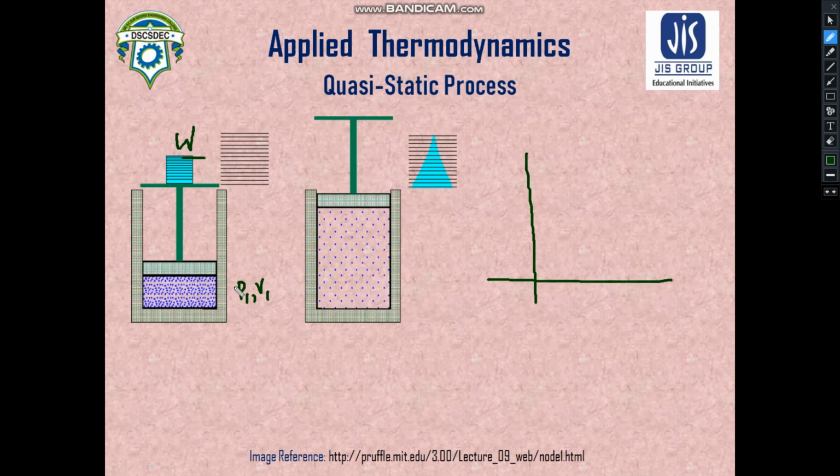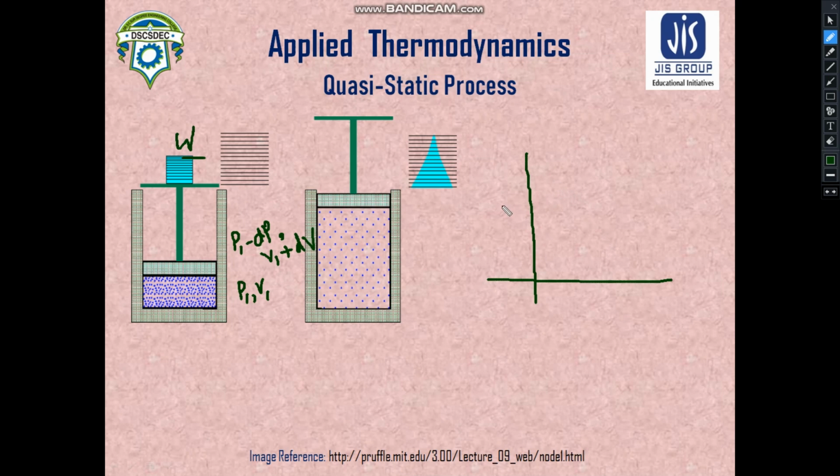That means there is an expansion going on. That means the volume should increase and the pressure should decrease. So let us write this P1. We have to remember that these changes are very small, that is, infinitesimal changes are going on. So pressure decreases by an infinitesimal amount dP, and the volume increases by an infinitesimal amount, that is dV. Similarly we can find many more states.